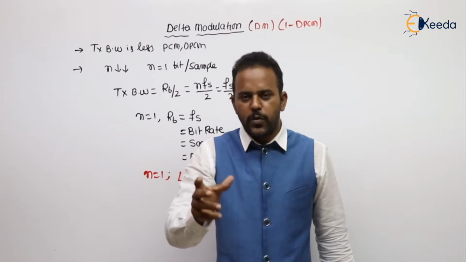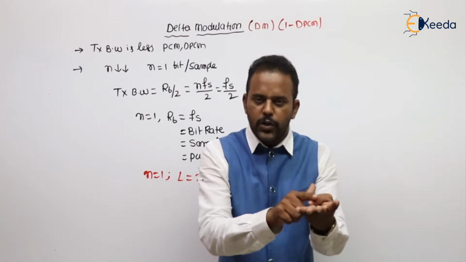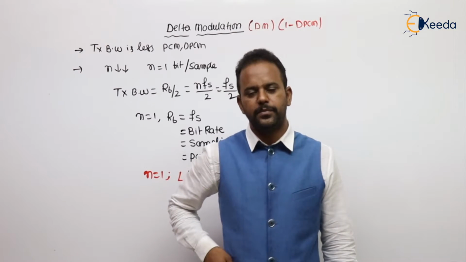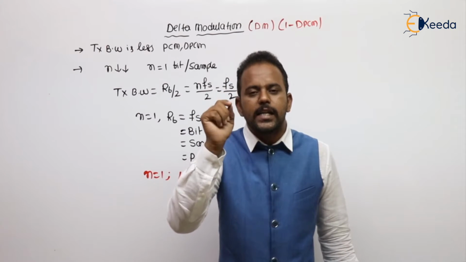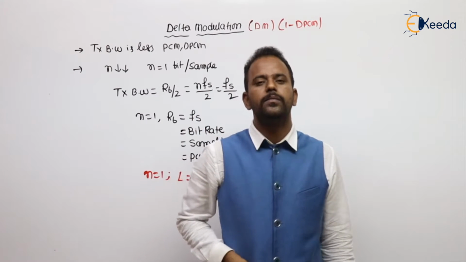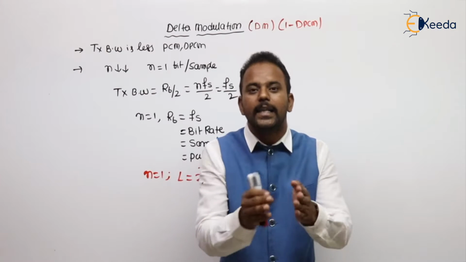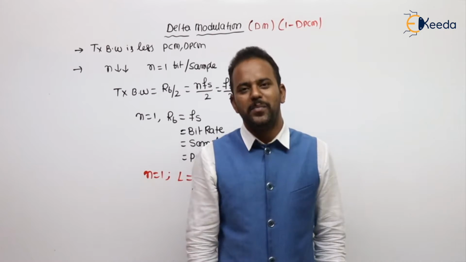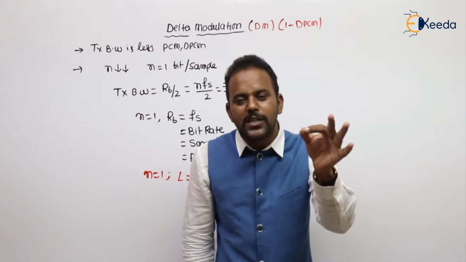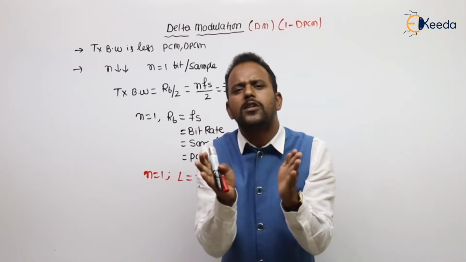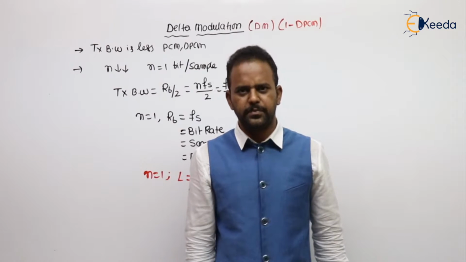In which case will the difference be more? Obviously in the second case. Why? The time gap is more. Means the difference between successive samples is very, very less when the time gap is small.